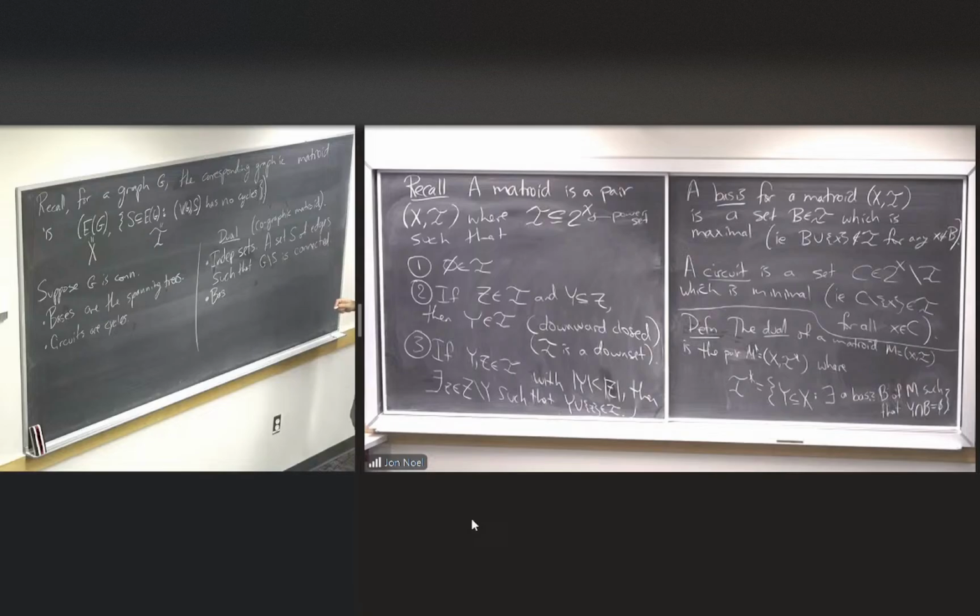So it's perhaps worth knowing that terminology. And yeah, the bases, I guess, are just then complements of spanning trees, or sets S such that G take away S is a spanning tree.